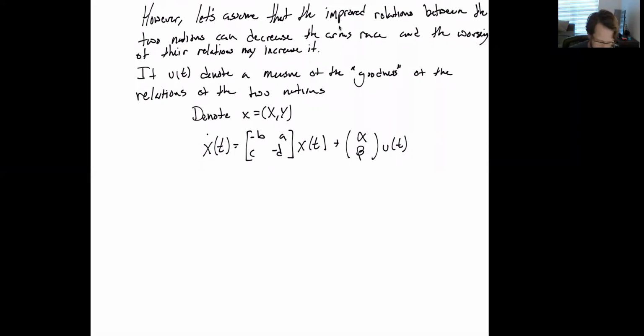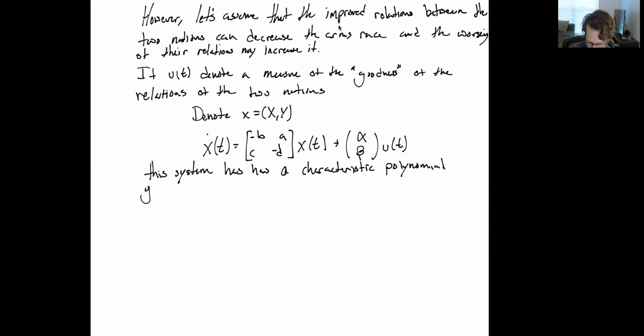So let's do that. This system here has a characteristic polynomial given by, okay?